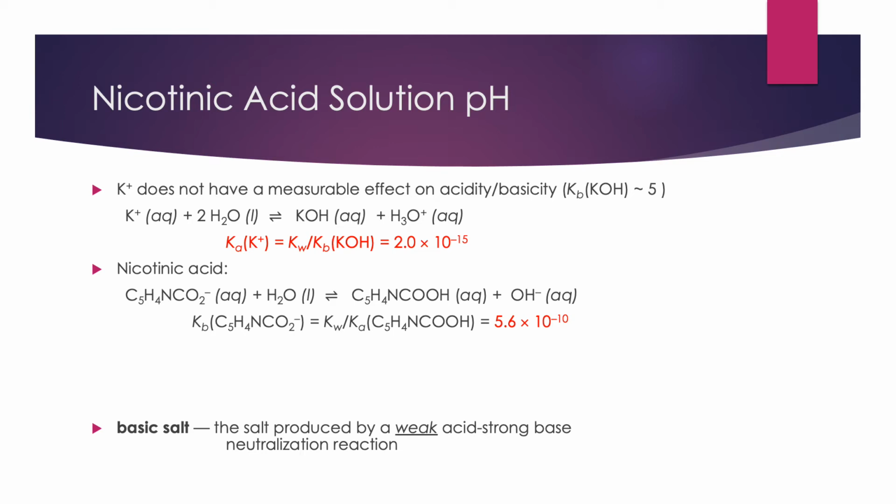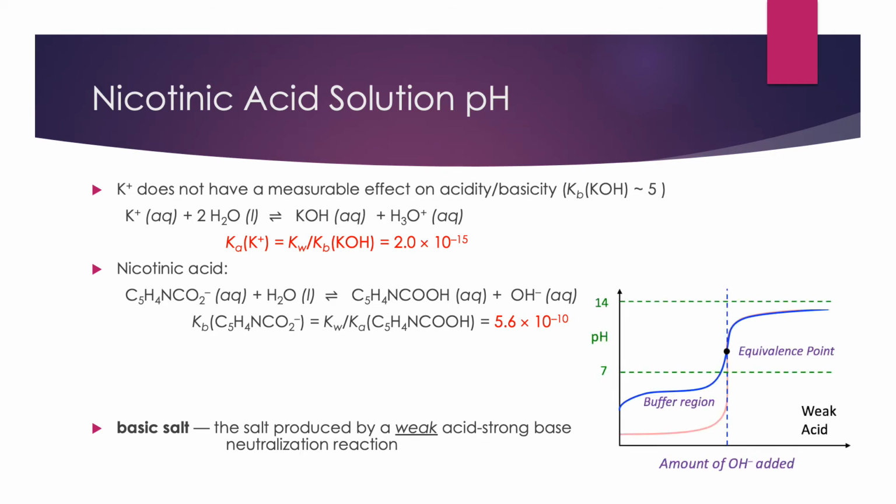So whenever we mix a weak acid with a strong base in a neutralization reaction, we're going to produce something called a basic salt. I'm showing you here the titration diagram for a weak acid titration to remind you that when we get to the equivalence point, all of the weak acid has been converted into its conjugate base, A-.